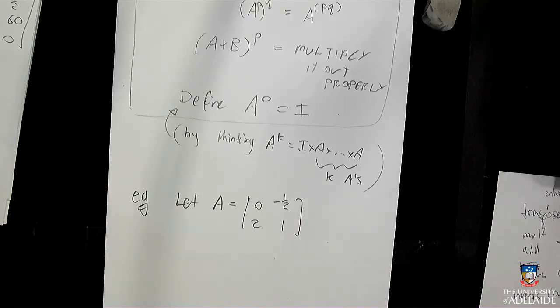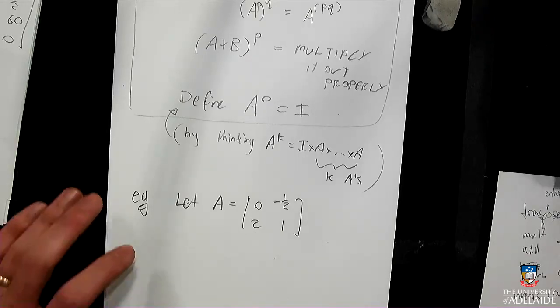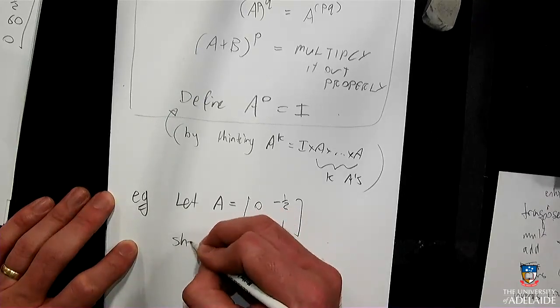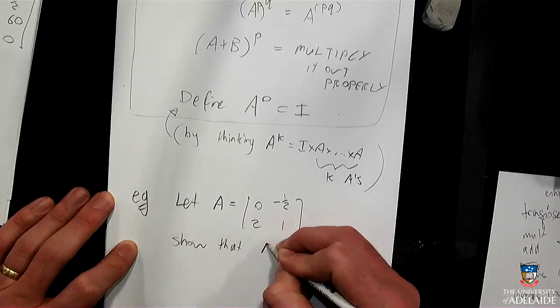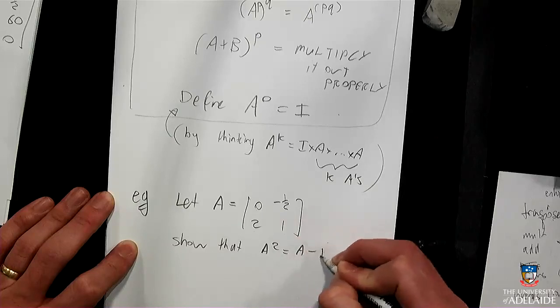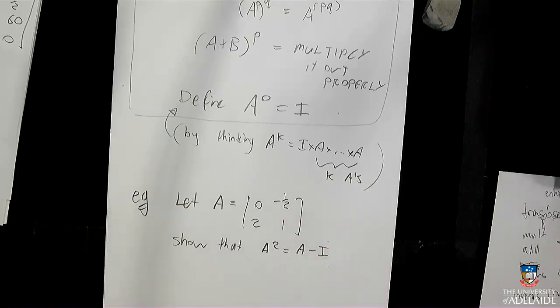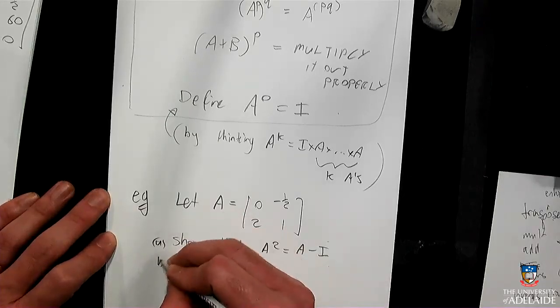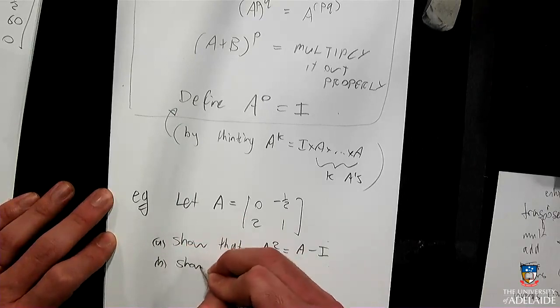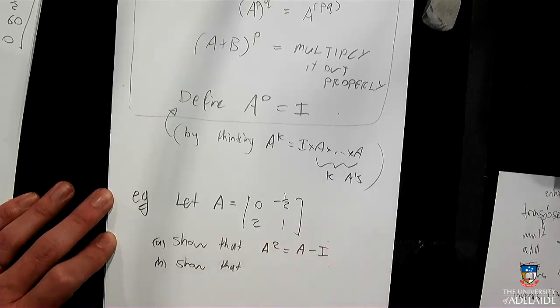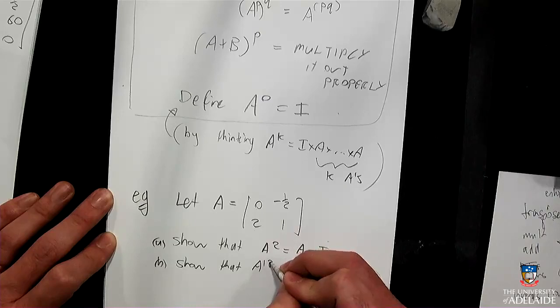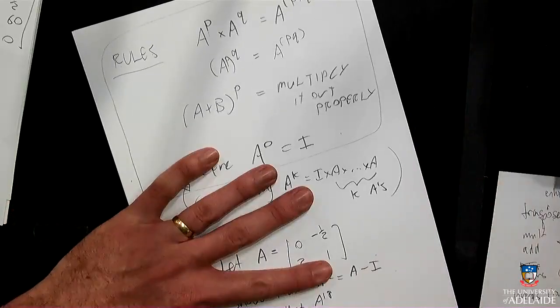It is a square matrix, so it will be possible to do powers of it. And I'm going to have to show that a squared is the same as a minus I for this matrix. And then this is part A, and part B is going to be show that a to the 18, well, just find it.